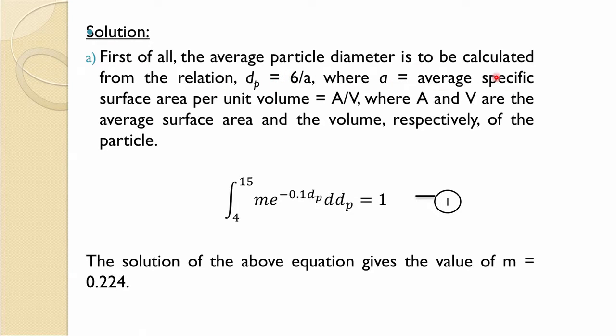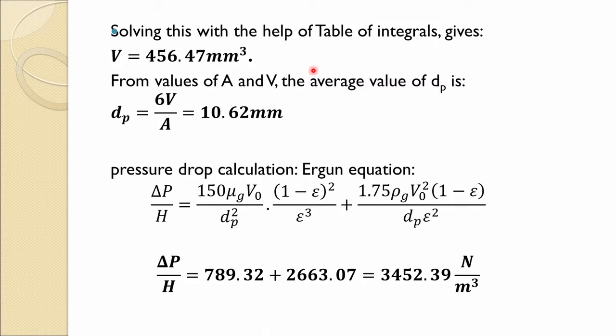where A is the average specific surface area per unit volume. In that term, the average diameter is defined. So, then you know from the Ergun equation, pressure drop can be calculated in a packed bed.